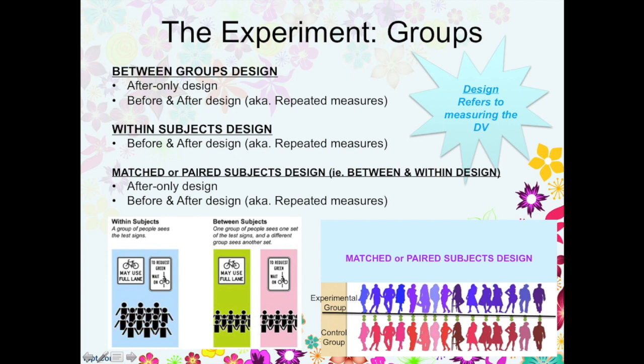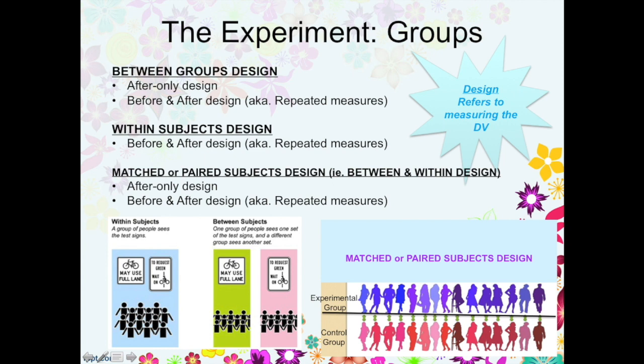Generally, when we do a within subjects design, we need to compare their scores before and after the IV, because otherwise we won't have a basis of comparison, since you're not comparing them to another set of people or another set of scores.